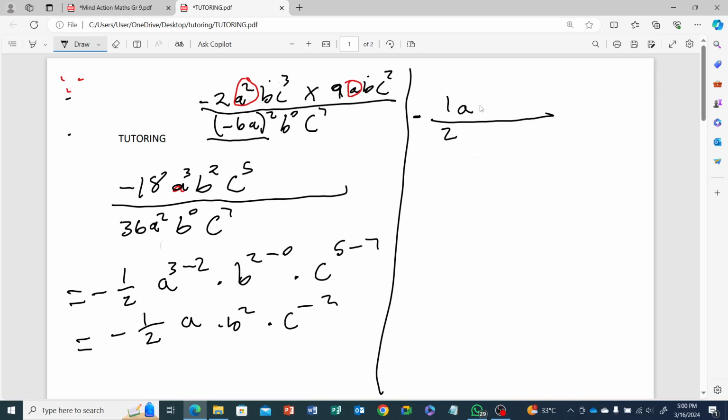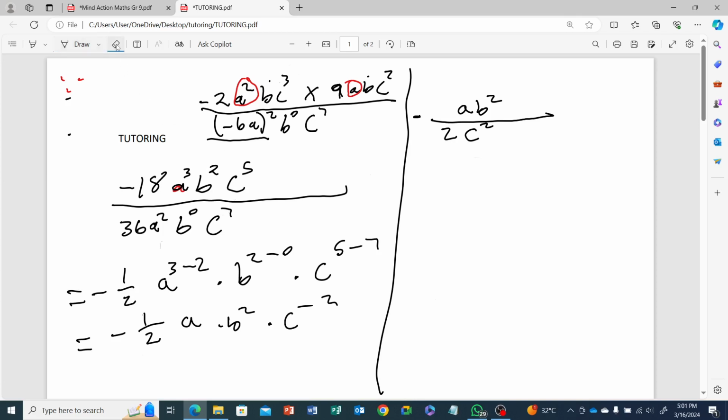It's a b squared over c squared. And that is the simplest form. Remember, 1 is not necessary to write. I'm just showing you where the half went to. So effectively, in your book, you're going to leave it like that. Okay, so that is the final answer. Happy?